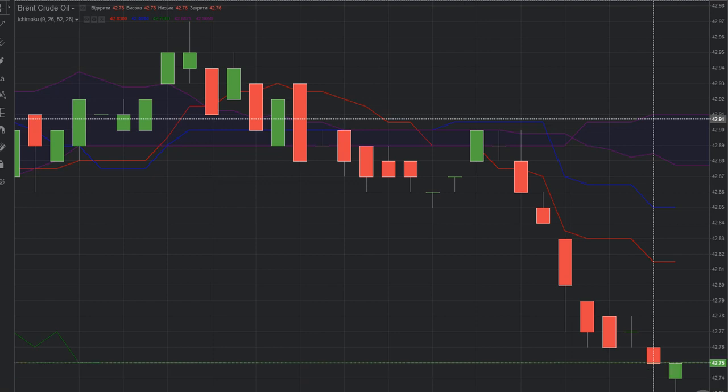An increasing conversion line, meaning an upward slope, indicates an upward trend. A decreasing conversion line, meaning a downward slope, indicates a downward trend.